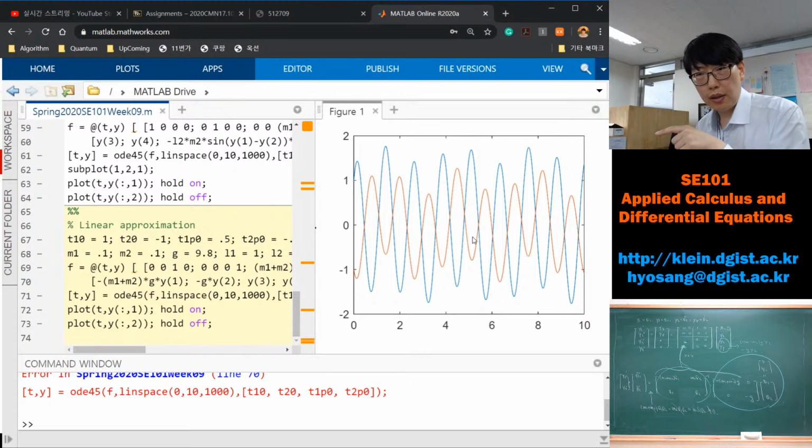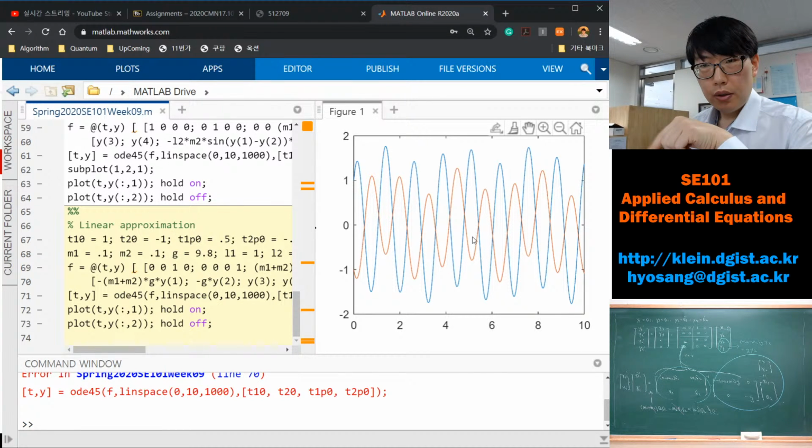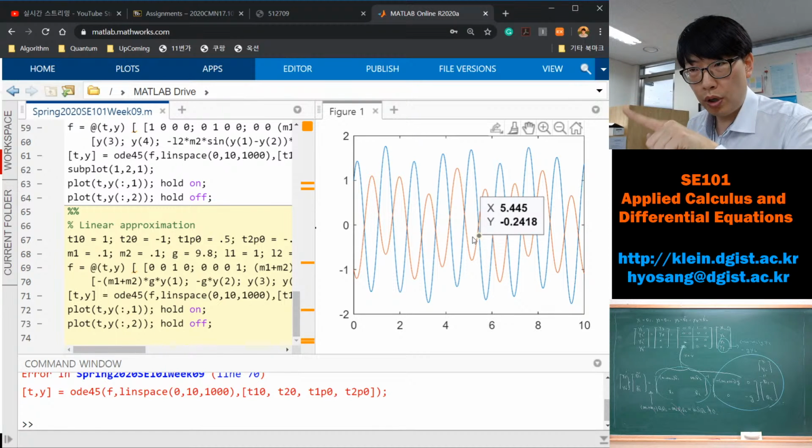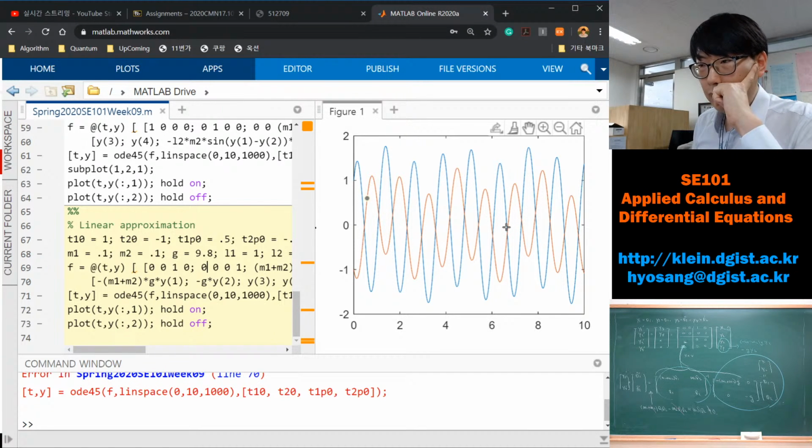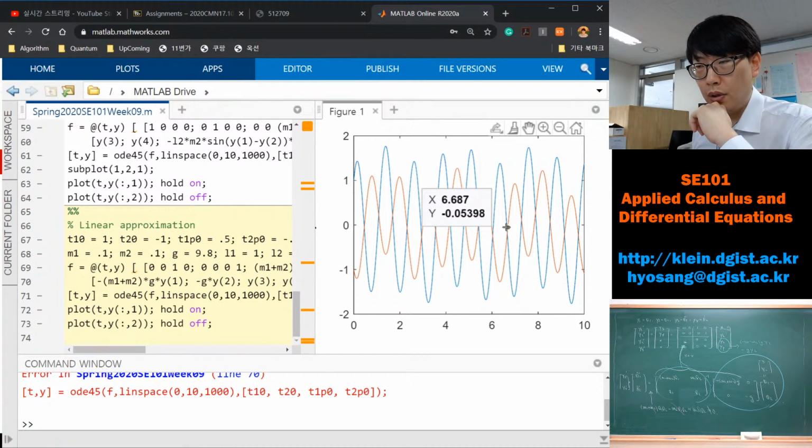The blue one is the first pendulum, the movement of mass 1, and the red one is the movement of M2. I guess I'm tracking that with the initial condition here. The blue one starts from 1 and the red one starts from 1. And then it's a perfect oscillation. It's oscillating from minus 1.5 to 1.5.